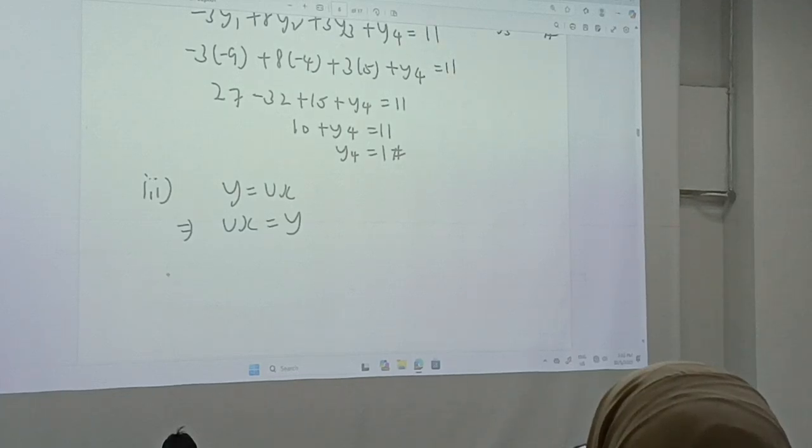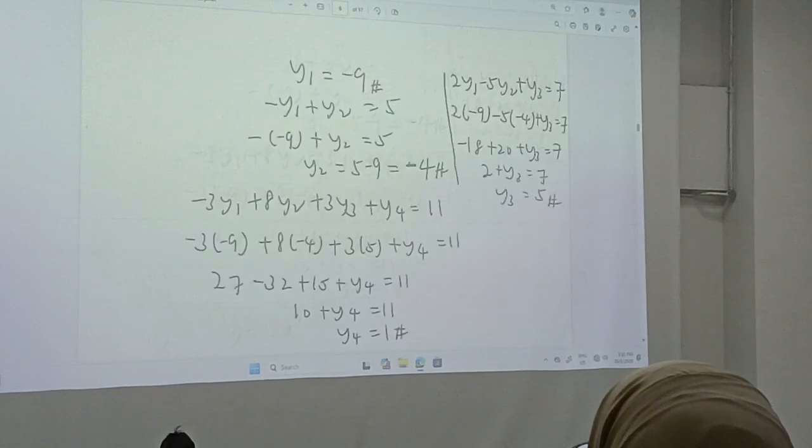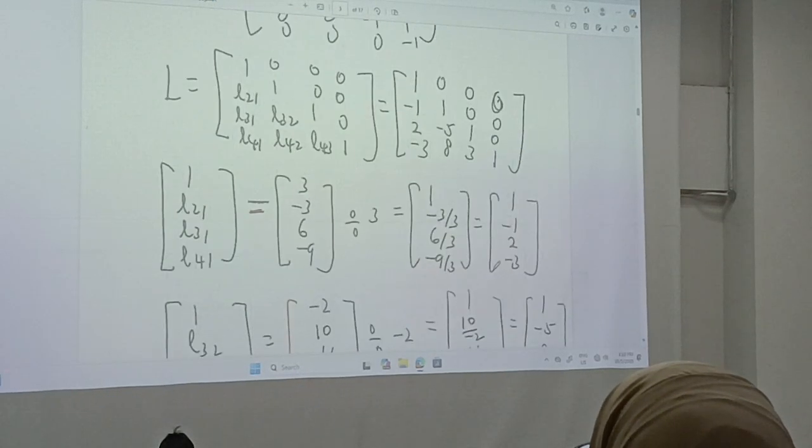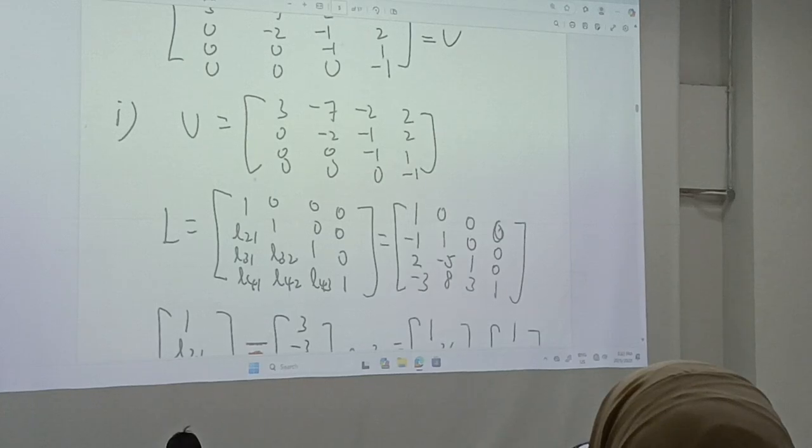So what is this U? U, just now we have found out. U is this matrix.